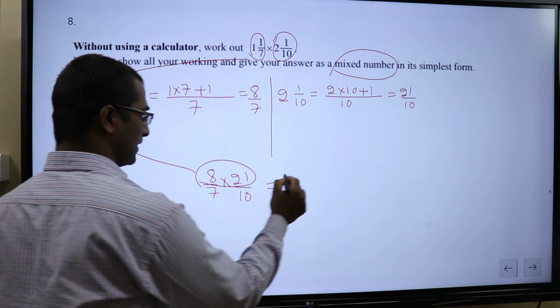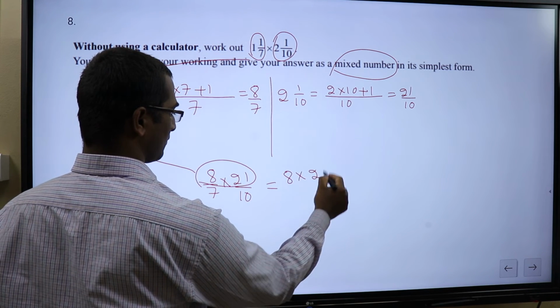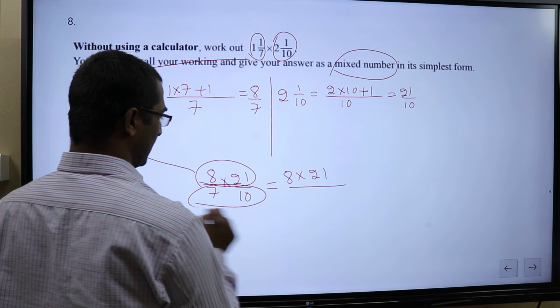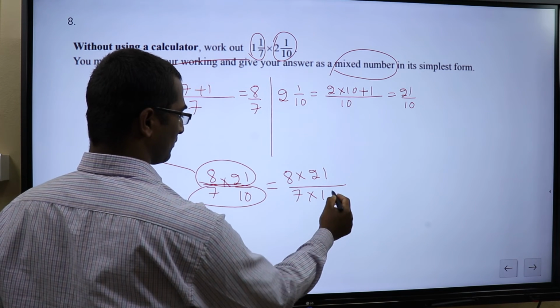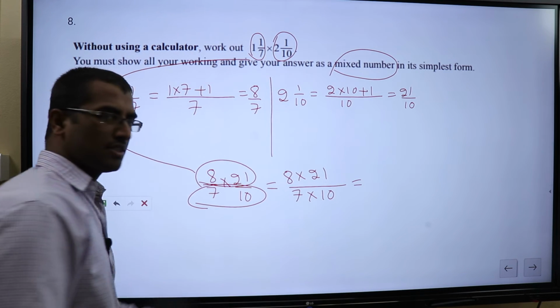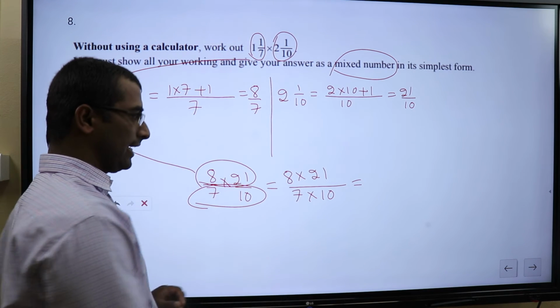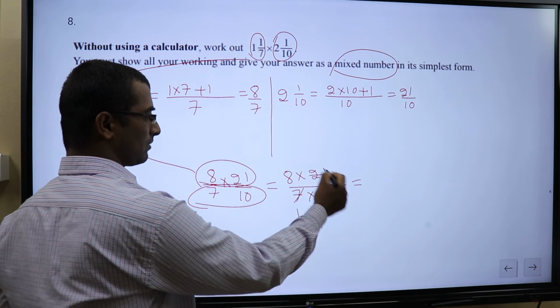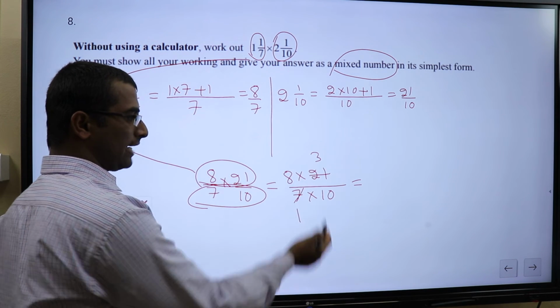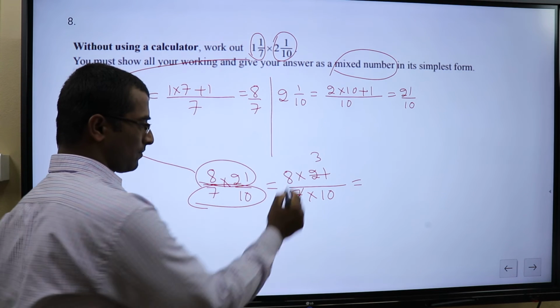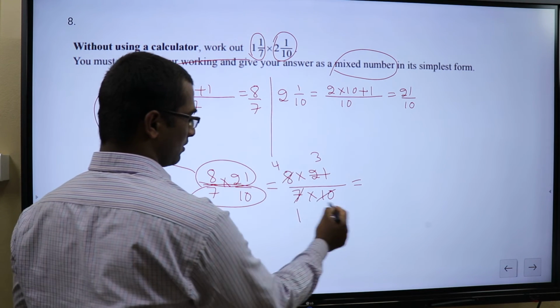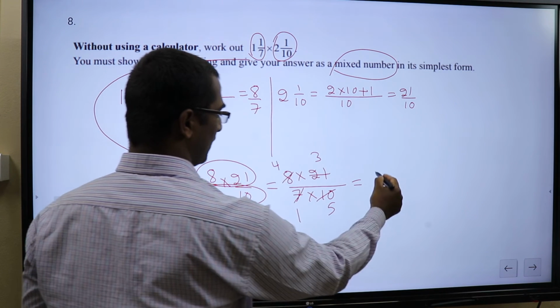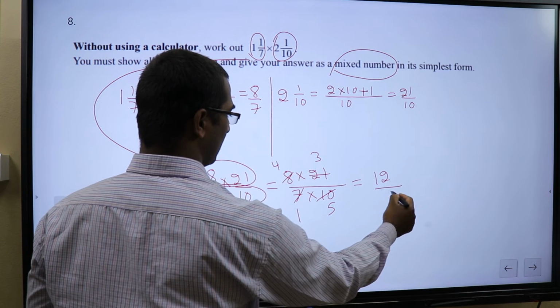These two multiplied, write in the numerator. These two, write in the denominator. Now, see what gets cancelled out. I can cancel 7 and 21. And also 8 and 10 go in the 2 table. So 2 fours, 2 fives. So 4 into 3 is 12, over 1 into 5 is 5.